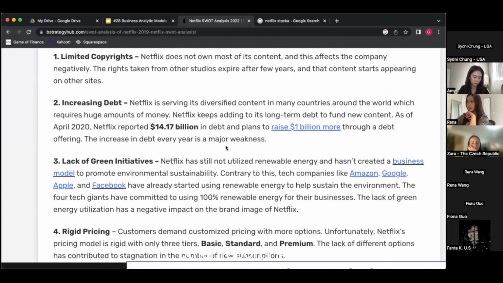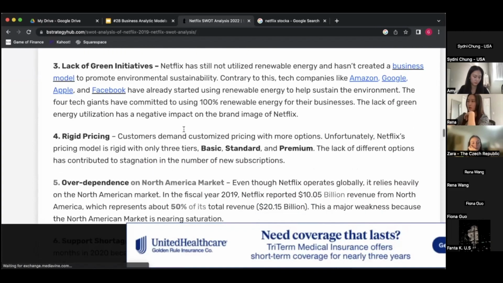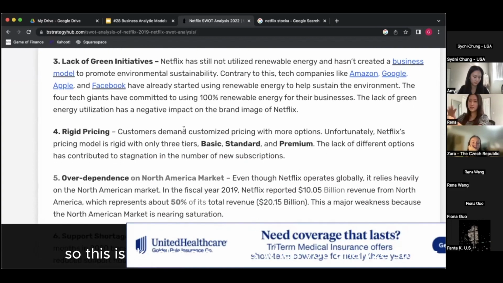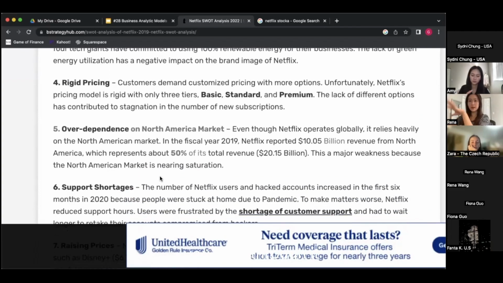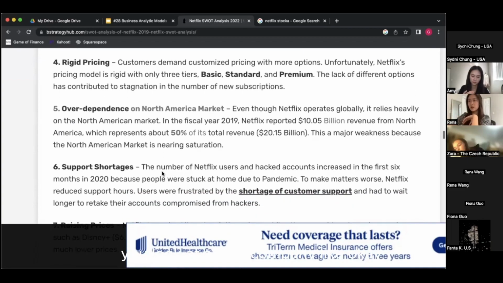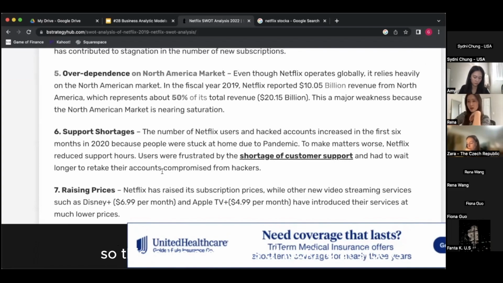That's what it reported, in debt. Wow, they're 14 billion in debt. Okay, so this is also a process when you analyze stocks, right? You search the SWOT analysis, you start looking at it, you skim through it. You look at what the company has, what outweighs what. So this is a process of looking at stocks.